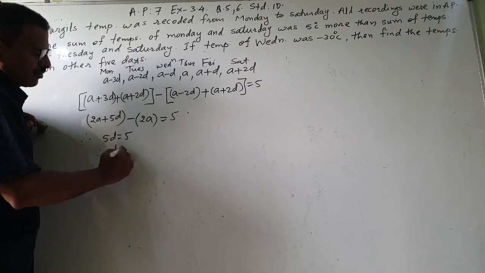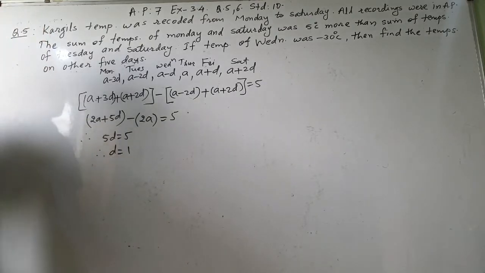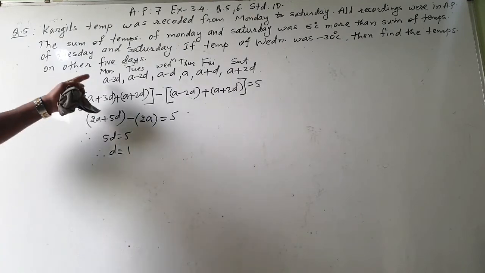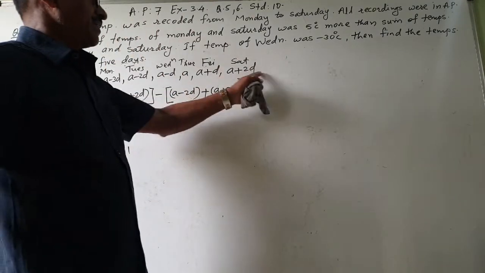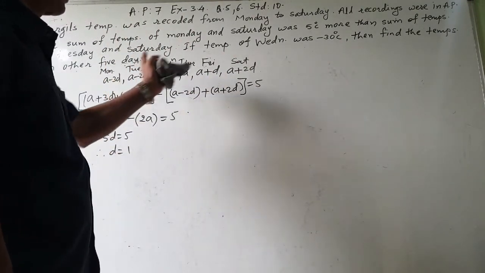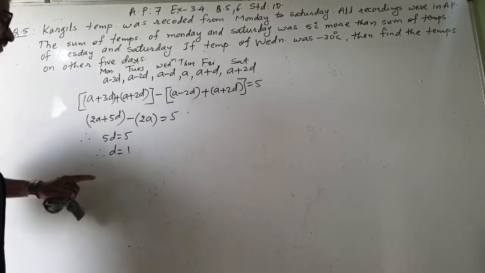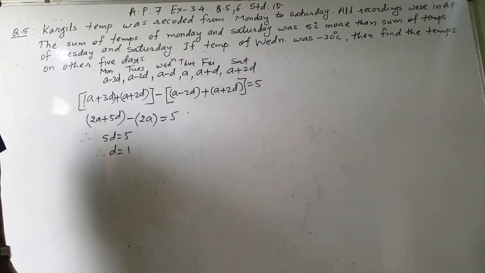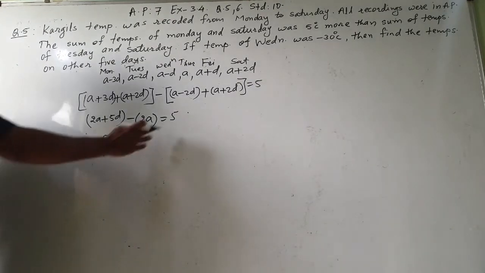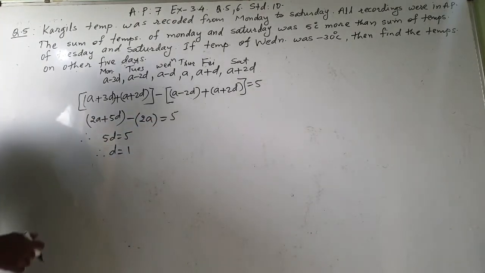Therefore, D equals 1. These are the different arrangements. Either you can take it here or you can take it here. In some cases D may come as a fraction also. Don't worry, overall the calculations will be the same.